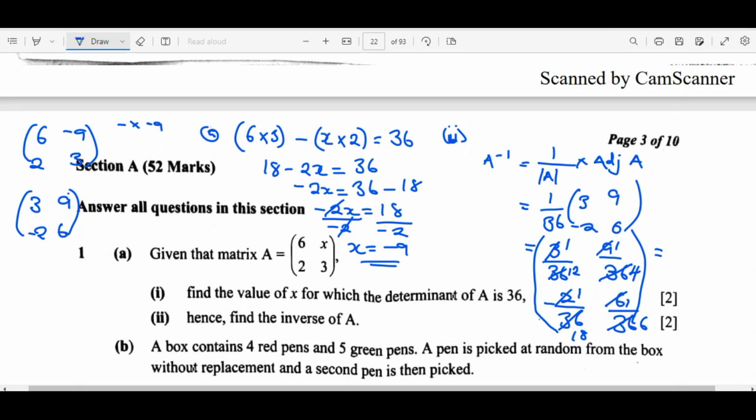So we have 2 over 12, and then 1 over 4, and then we have 1 over 18, and then we have 1 over 6. So this is what we are looking for. So this is the inverse of A.